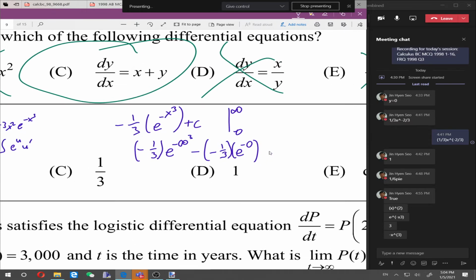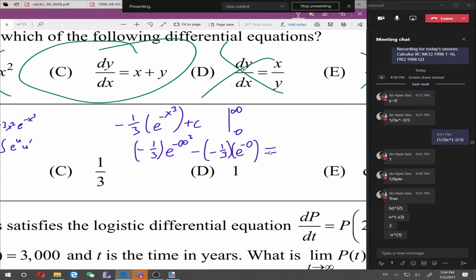Jumping to Eric, what's going to happen to our left term? It will be negative infinity. Not negative infinity, no. Maybe you're talking about the power?